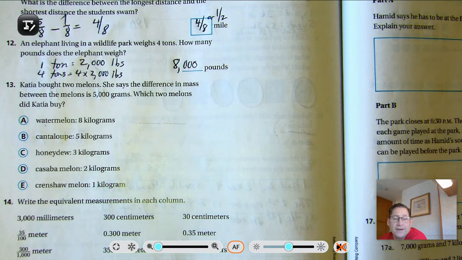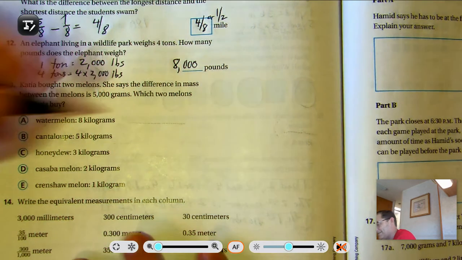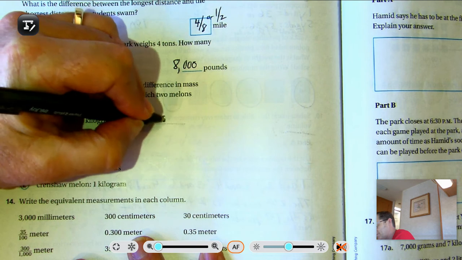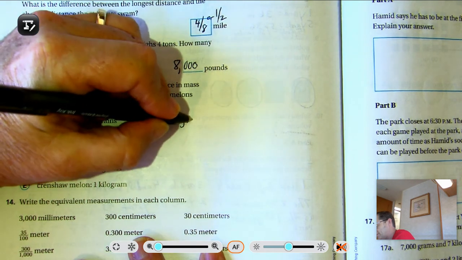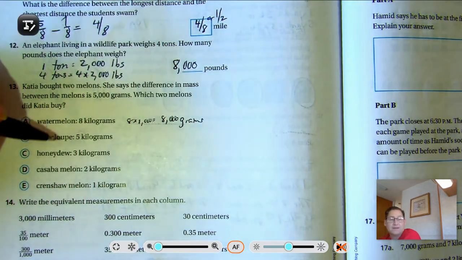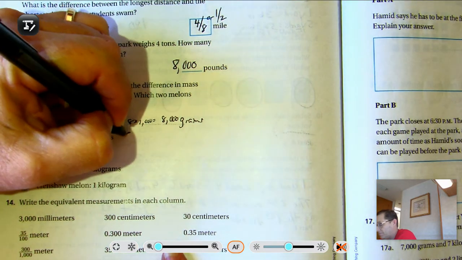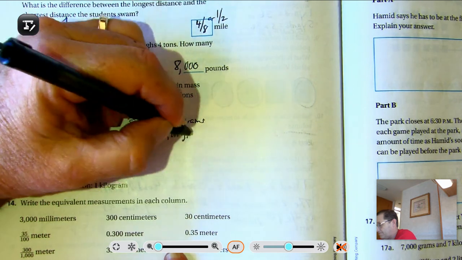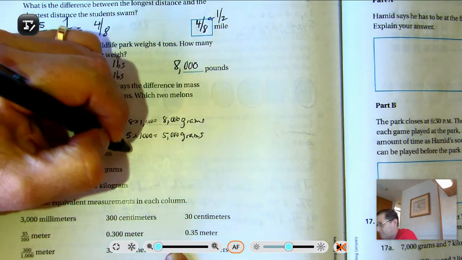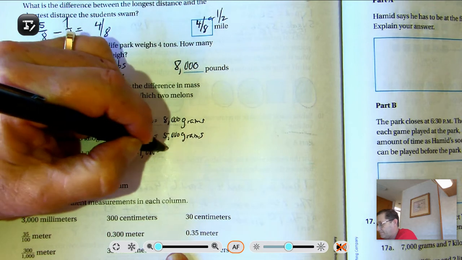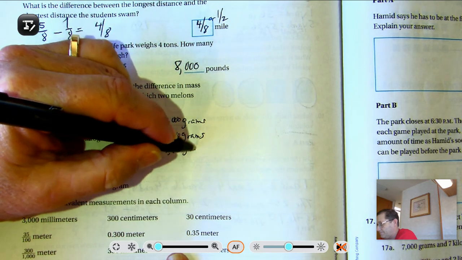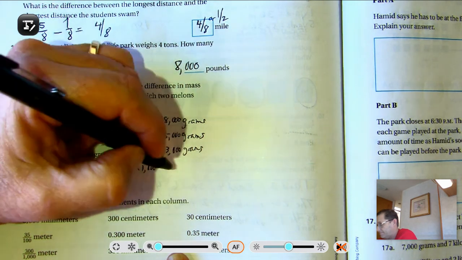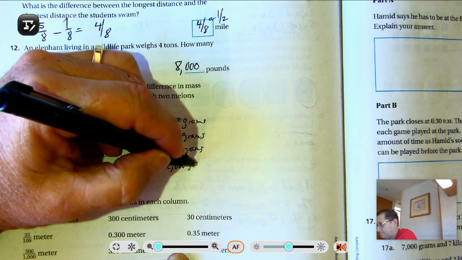Okay, so 8 kilograms would be 8 times 1,000, so it would be 8,000 grams. 5 kilograms would be 5 times 1,000, so that would be 5,000 grams. 3 kilograms would be 3 times 1,000, or 3,000 grams. 2 kilograms would be 2,000 grams.